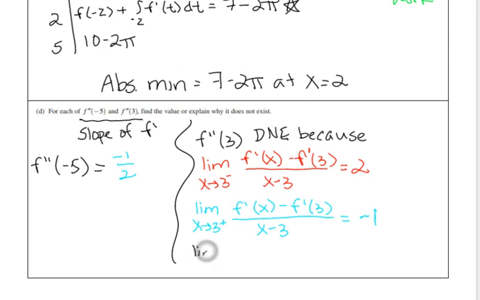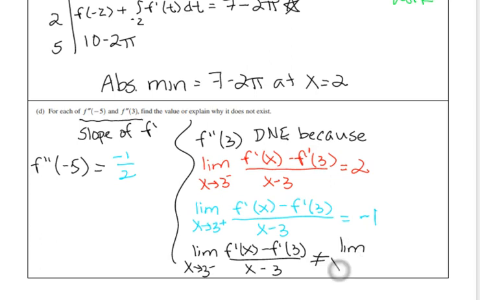So it's going to be the limit as x approaches 3 from the left of f prime of x minus f prime of 3 over x minus 3 does not equal the limit as x approaches 3 from the right of f prime of x minus f prime of 3 all over x minus 3.